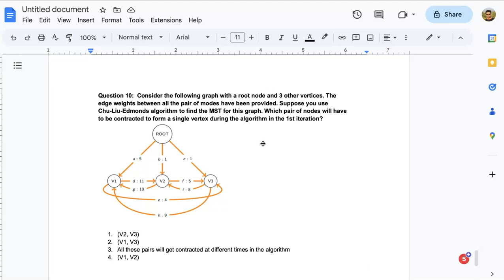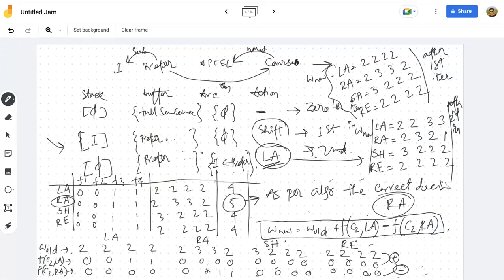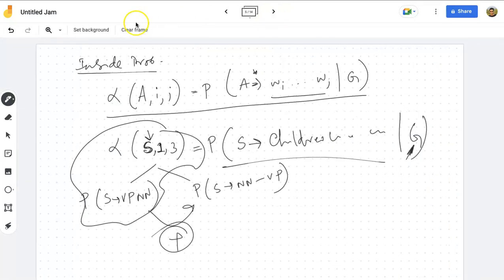Okay, so let's do the thing step by step. We just need to do one step only to get the answer, because they are asking what the answer is after the first iteration. Let's do it.